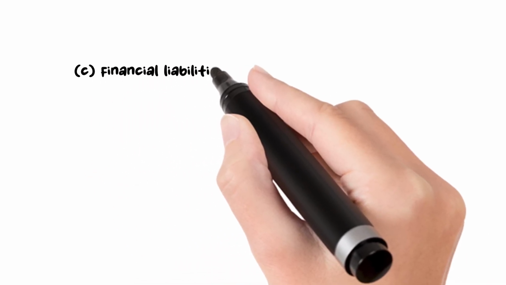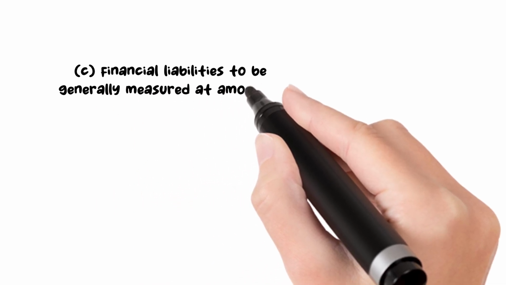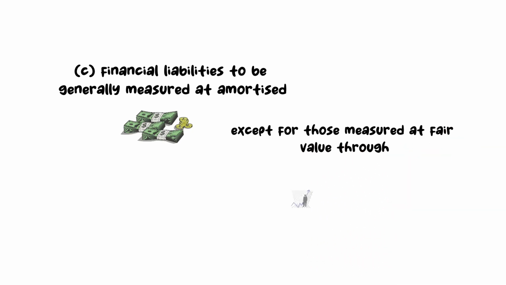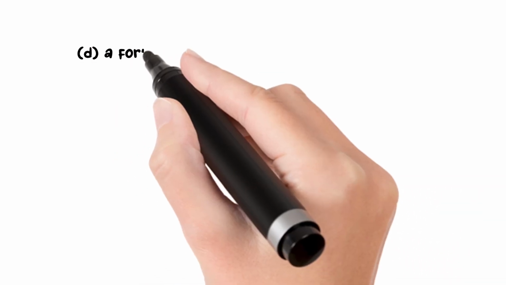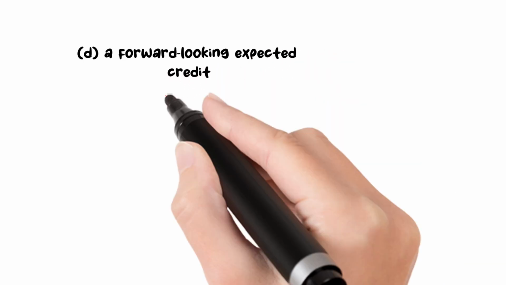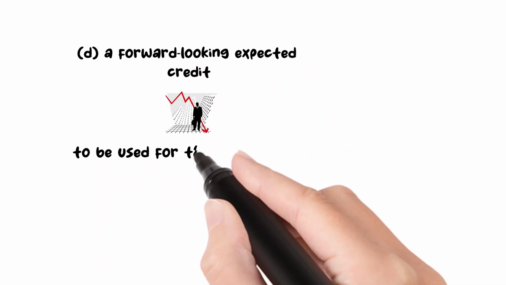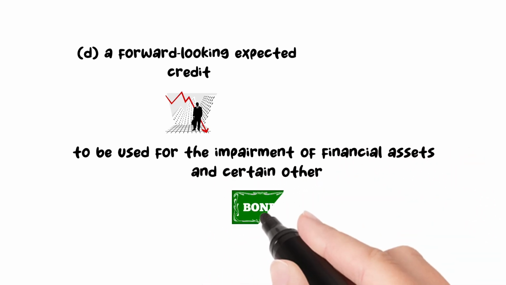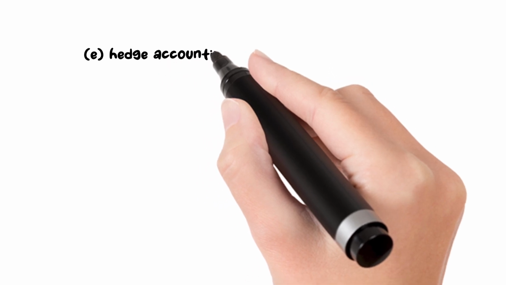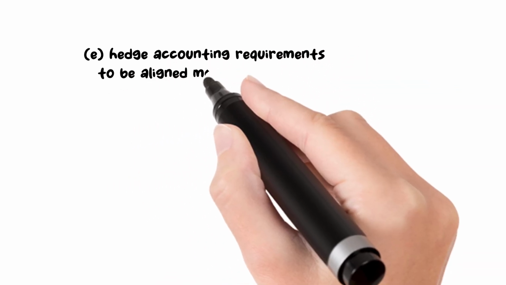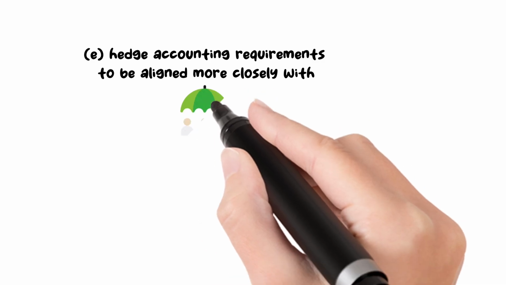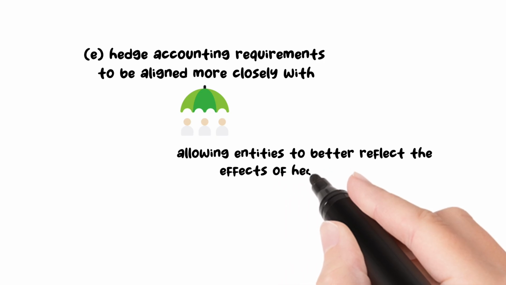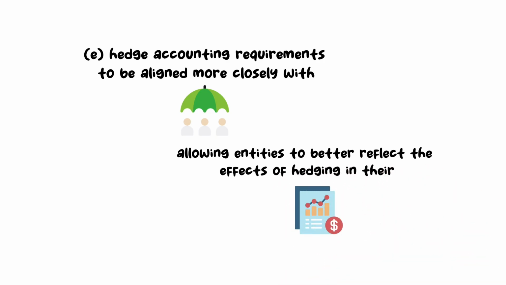Financial liabilities are to be generally measured at amortized cost, except for those measured at fair value through profit or loss. A forward-looking expected credit loss model is to be used for the impairment of financial assets and certain other financial instruments. Hedge accounting requirements are to be aligned more closely with risk management activities, allowing entities to better reflect the effects of hedging in their financial statements.